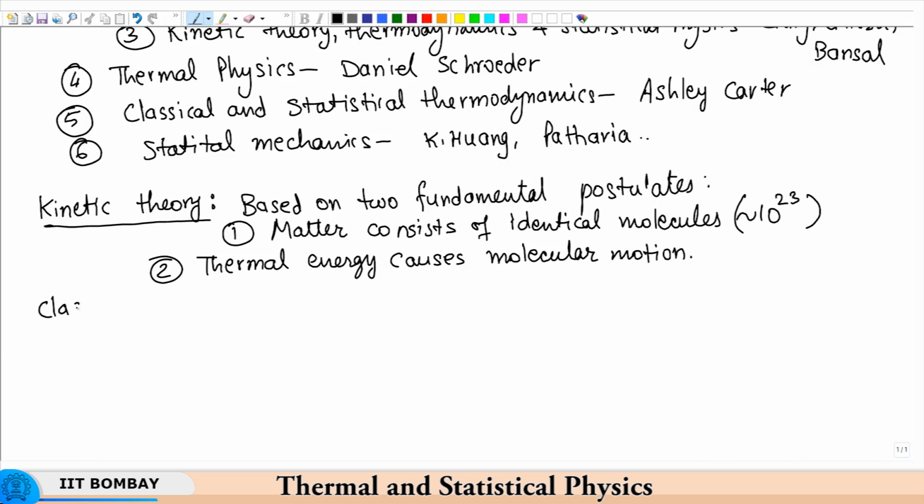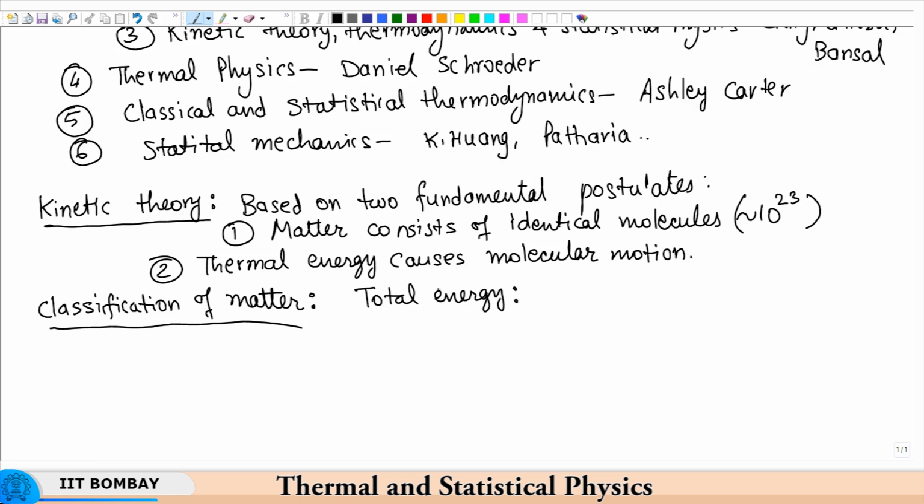Classification of matter: most of you already know there are three phases of matter, typically gases, liquids and solids. And now the question is, how can we classify these phases? One way to do that is through what is known as energy.